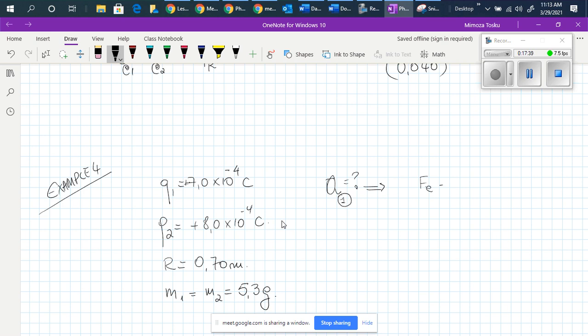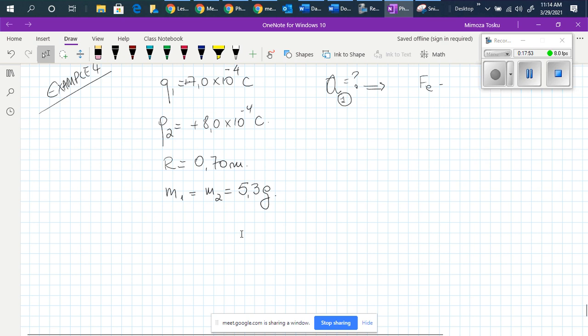We are omitting the force of gravity and taking into consideration only the electrostatic force. So let's draw a situational diagram. We have charge 1 here that is positive, and charge 2 that is positive as well.